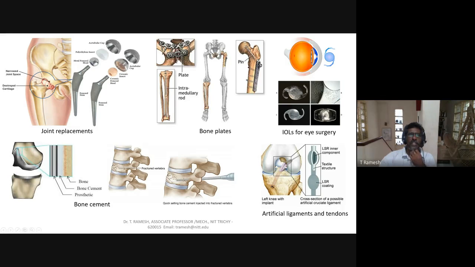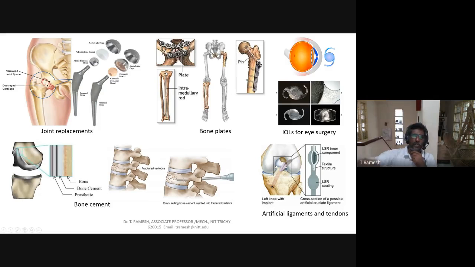So this is one such implant used to connect the broken bones. See here, this bone is completely connected by means of an intramedullary rod. And these are the plates, and this is a rod which is piercing throughout your bone, correct? See here, it starts from here and ends over here.